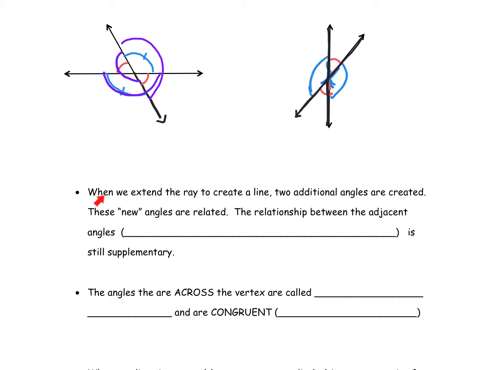So when we extend the ray to create a line, two additional angles are created, and these new angles are related. The relationship between adjacent angles, and those are the angles next to each other, so let's write that, share a common ray.